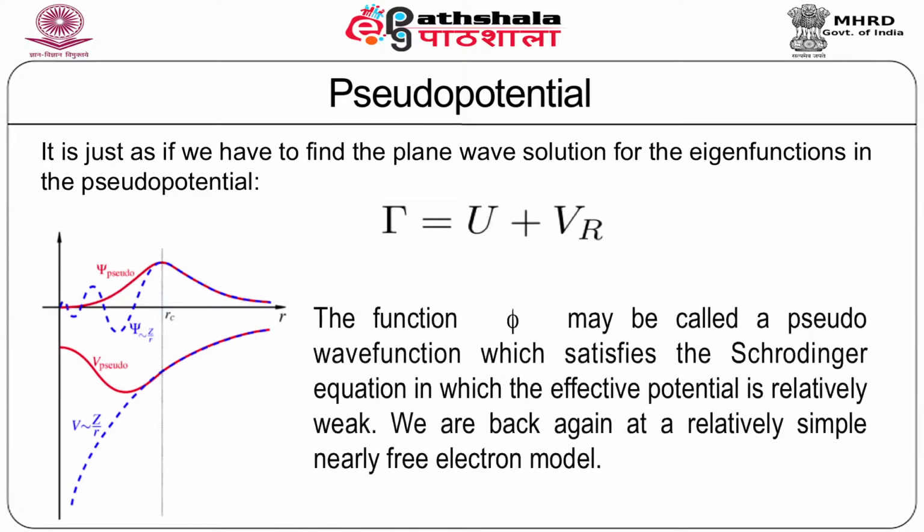This function phi may be called a pseudo wave function, which satisfies a Schrodinger equation having an effective potential which is relatively weak. With this, we are back again at a relatively simple, nearly free electron model.